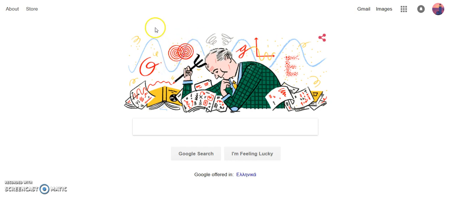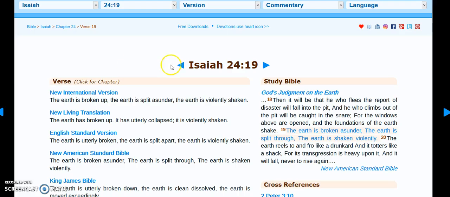But you see the earth splitting over here, so you have the sky splitting, and then the earth is splitting over here. And it talks about that here in Isaiah 24:19, where it says, "The earth is broken asunder, the earth is split through, the earth is violently shaken." But if you read it in context, you see that it says, "And it will be that he who flees the report of the disaster will fall into the pit.